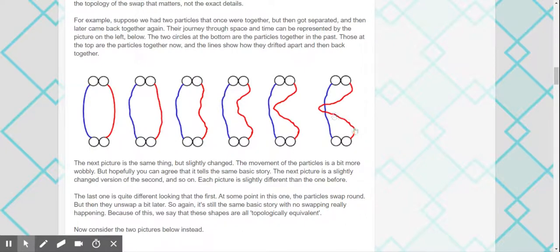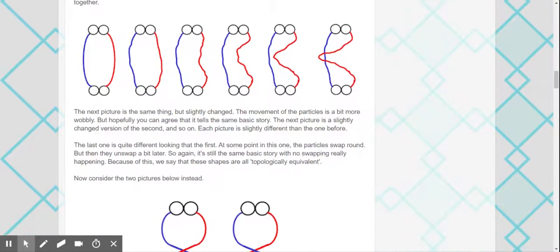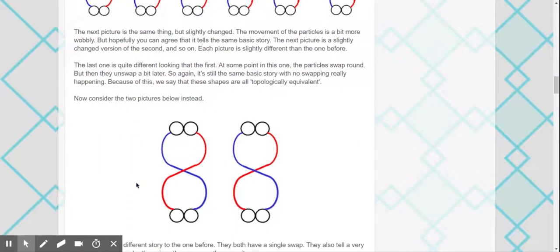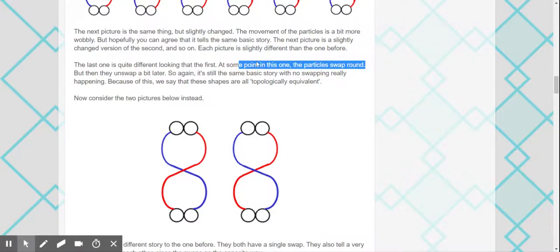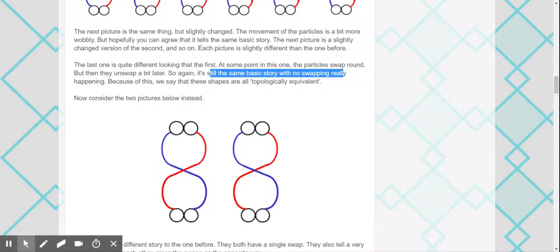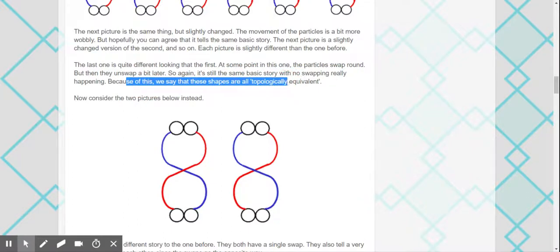The next picture is the same thing but slightly changed. The movement of the particles is a bit more wobbly, but you can agree that it's the same basic story. The next picture is a slightly changed version of the second, and so on. At some point, the particles swap around, but then they unswap a bit later. So again, it's still the same basic story, with no real swapping happening. Because of this, we say that these shapes are all topologically equivalent.